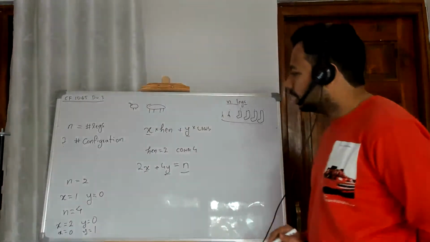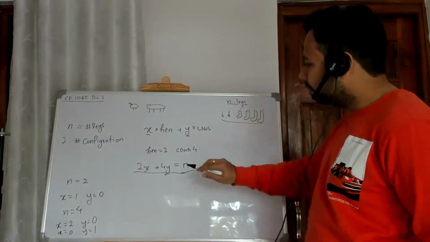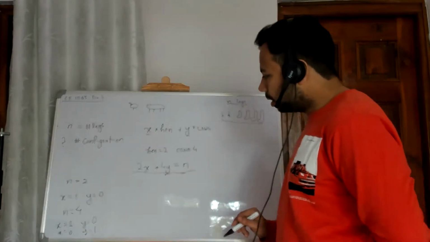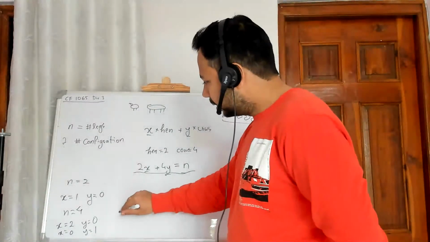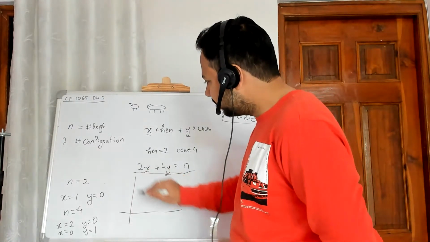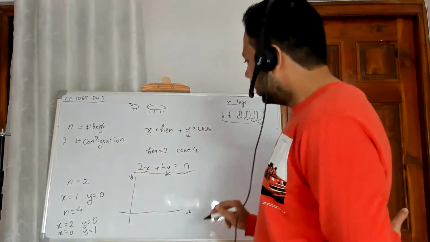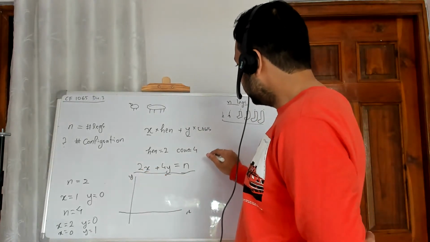Now I want to talk about this equation. Let's plot it on an xy plane. This plane here represents x and y coordinates. This is x and this is y.